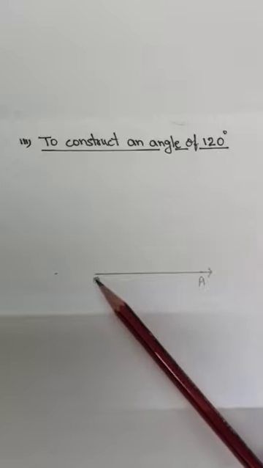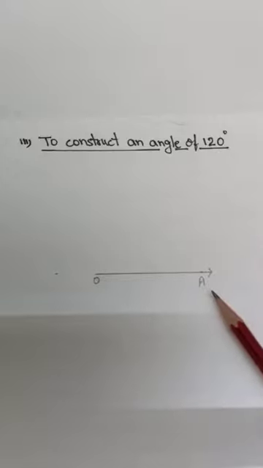Now next is to construct an angle of 120 degree. For this also, first of all we have to draw ray OA.